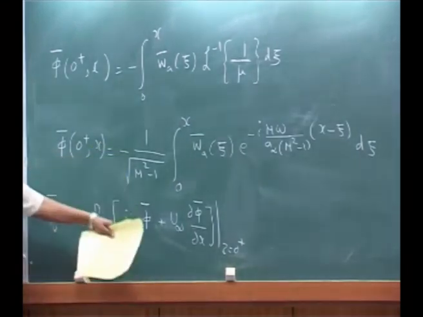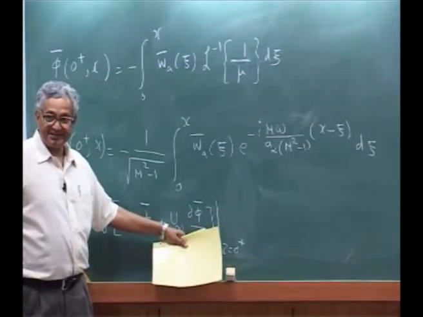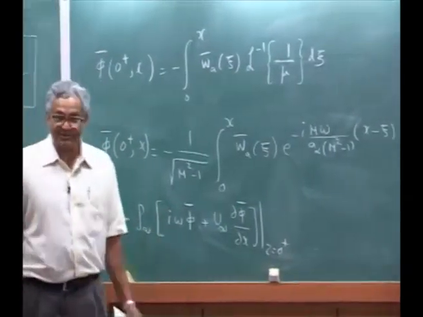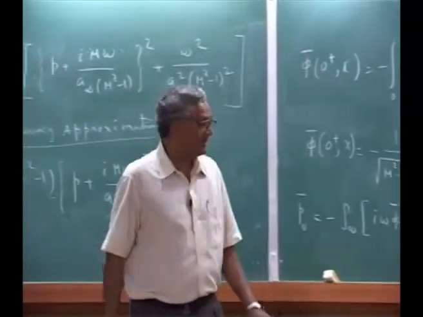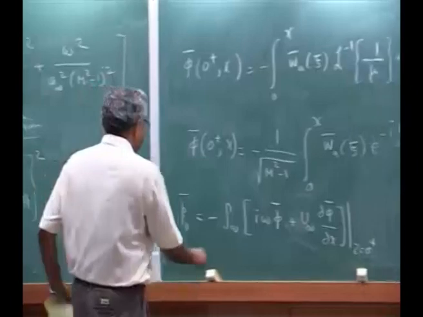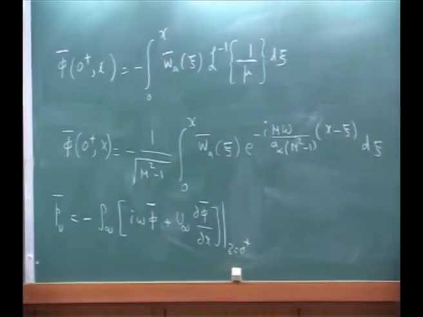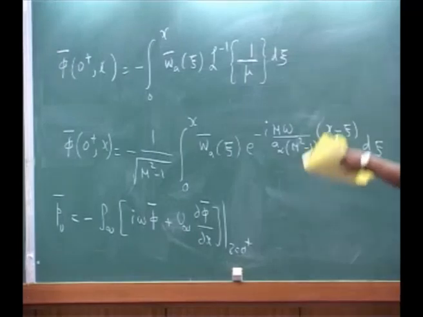If I substitute this expression here, delta phi by delta x, you will find that quite a few terms will cancel out. This is going to be a very long exercise, maybe it will take the entire board.